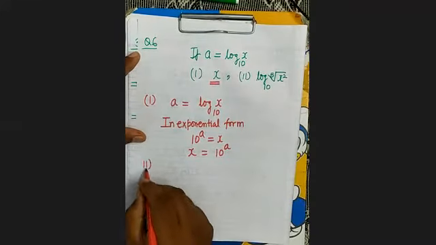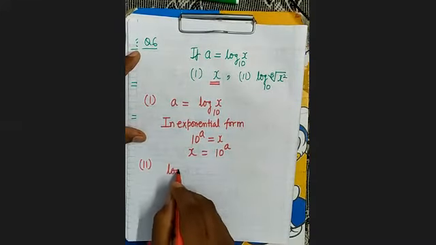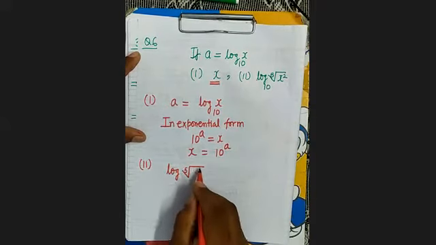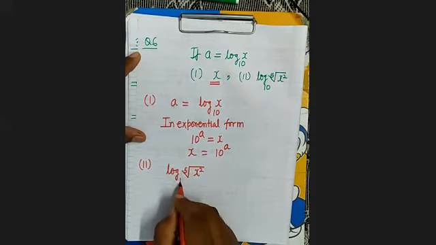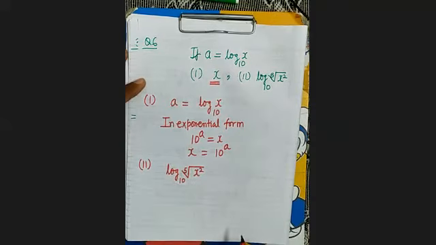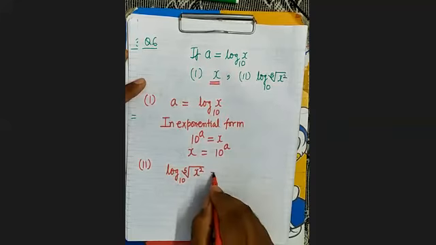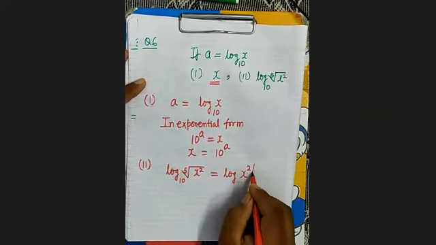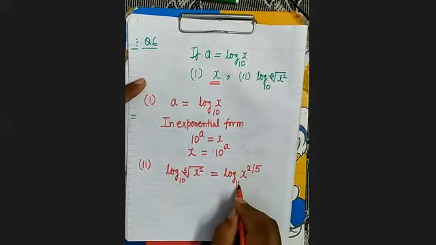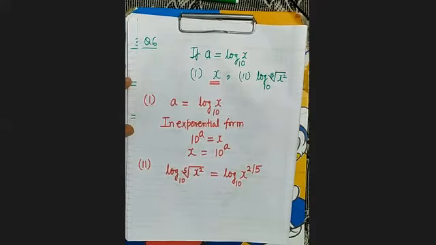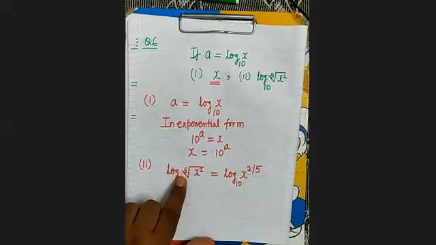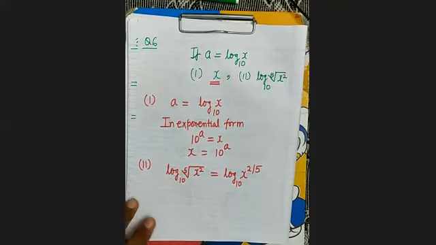Now second part. You have to find log of the 5th root of x squared to the base 10. This can be written as log x to the power 2/5 to the base 10. Because when you remove the root, the order of the root will go in the denominator of the power.